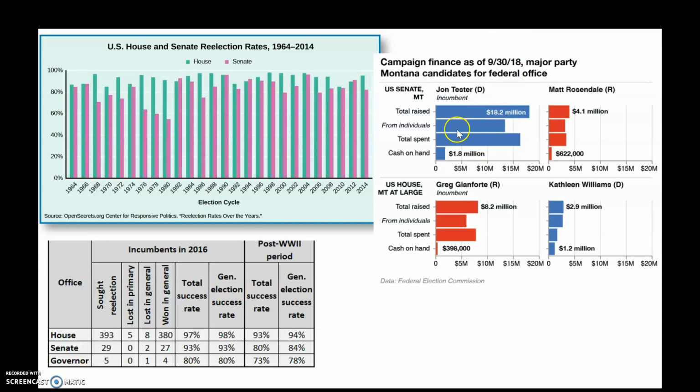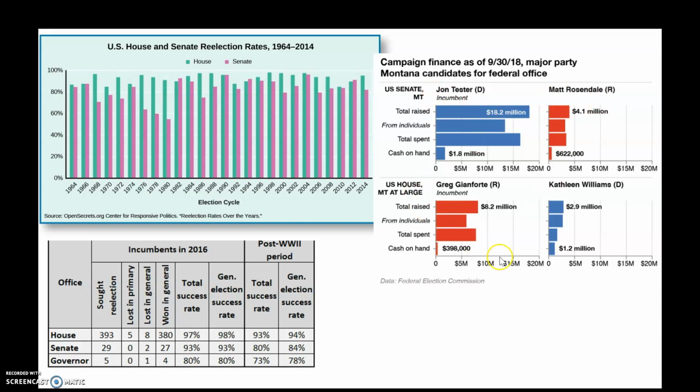As the incumbent, he raised $18.2 million for the election. His opponent, Matt Rosendale, in contrast, was only able to raise $4.1 million. Obviously, that's because he's less well known. And so you can see, in terms of advertising, all those TV adverts, how John Tester is going to completely swamp the election with adverts saying how wonderful he is and how horrible Matt is.